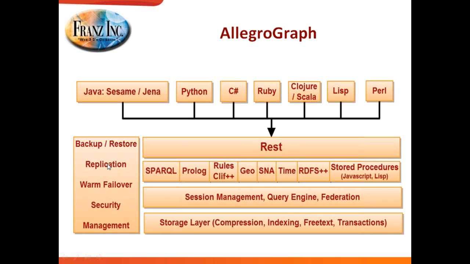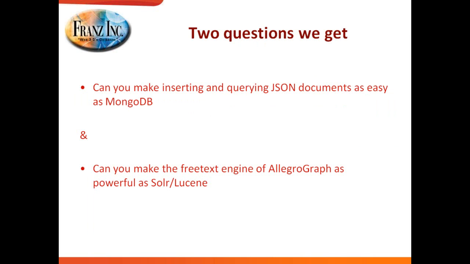You can have as many replicas as you want for any single database, and if things go wrong, you can do a warm failover. We offer all kinds of security, both running over SSL, but also we can block some people from seeing some triples. And finally, we have a whole management interface, and I guess you'll see some of that today too. So that's all I'm going to say about AllegroGraph right now.